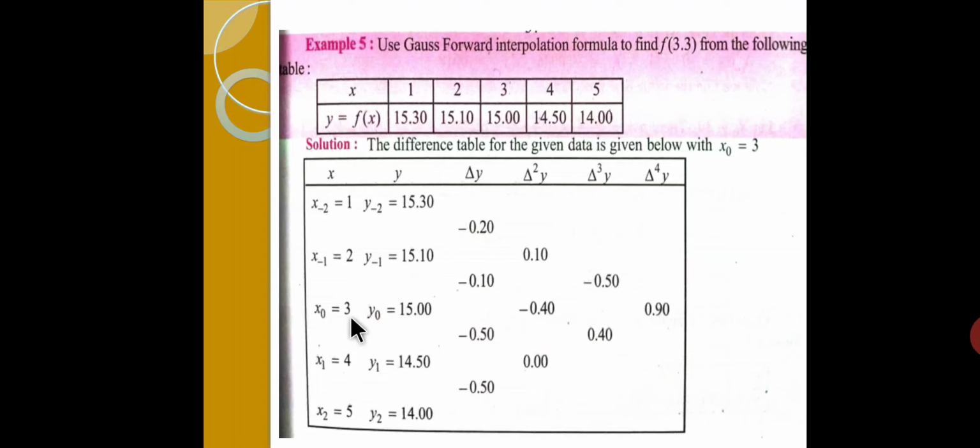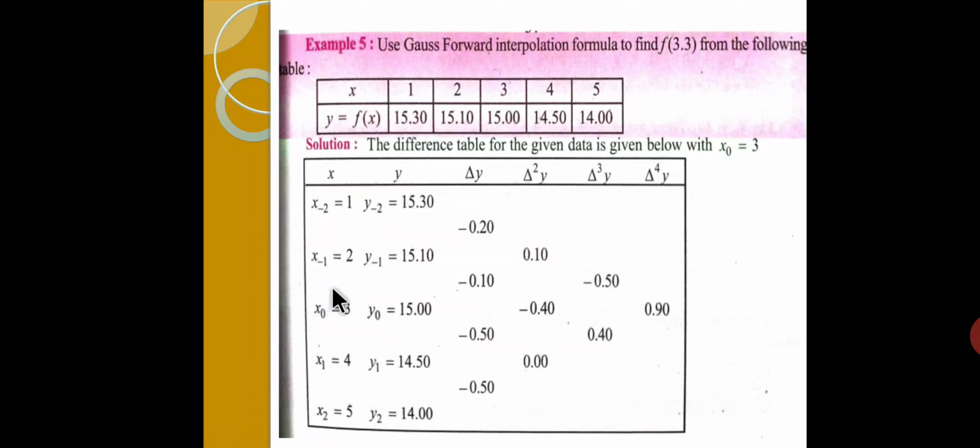The values above the center value we denote x minus 1, x minus 2, and the values below we denote x1, x2. So x naught is equal to 3, x minus 1 is equal to 2, x minus 2 is equal to 1, x1 is equal to 4, x2 is equal to 5.